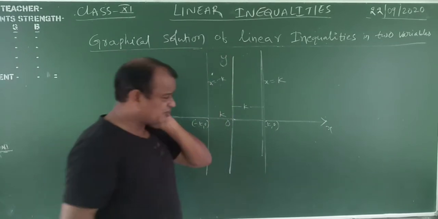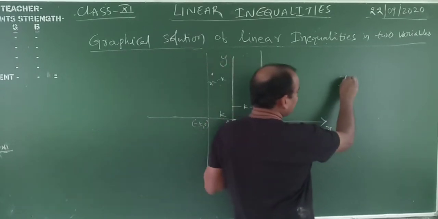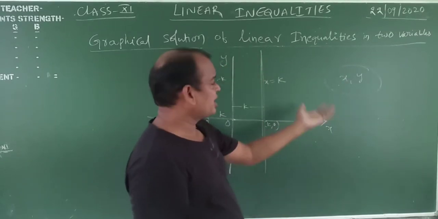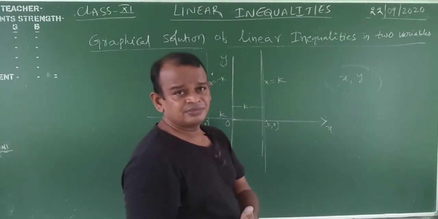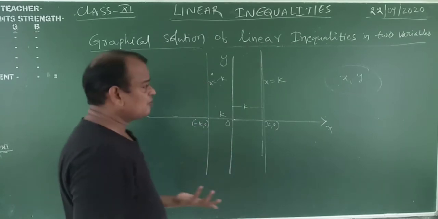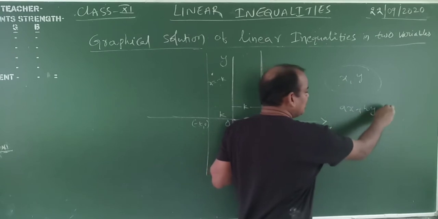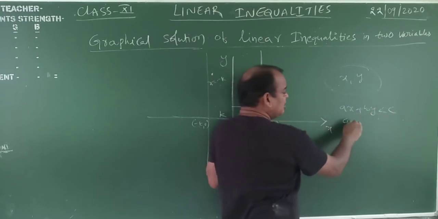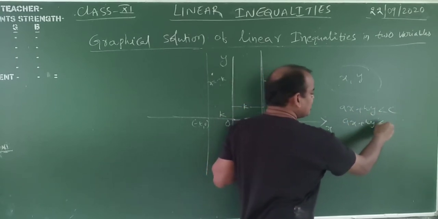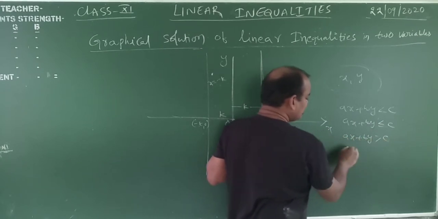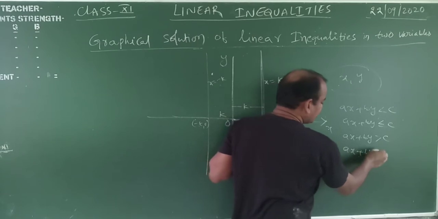Now, how to find the graphical solution of linear inequalities in two variables. Two variables means 100% x comma y are the variables. Linear means the powers of x and y must and should be 1. Inequalities: for example, ax plus by less than c, ax plus by less than or equal to c, ax plus by greater than c, ax plus by greater than or equal to c.